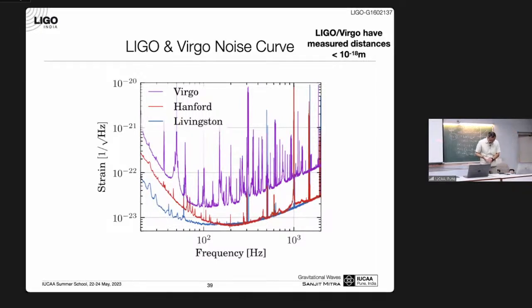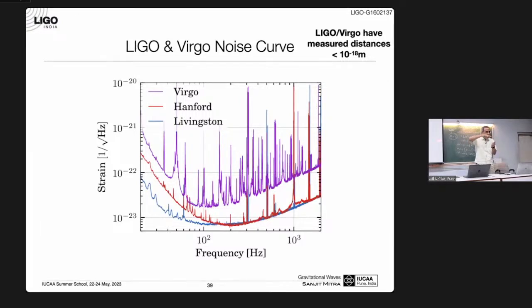People use different techniques, but these days machine learning is becoming more and more popular. Crudely, a gravitational wave signal has a certain feature: it's a chirp signal, where the frequency and amplitude both increase with time.